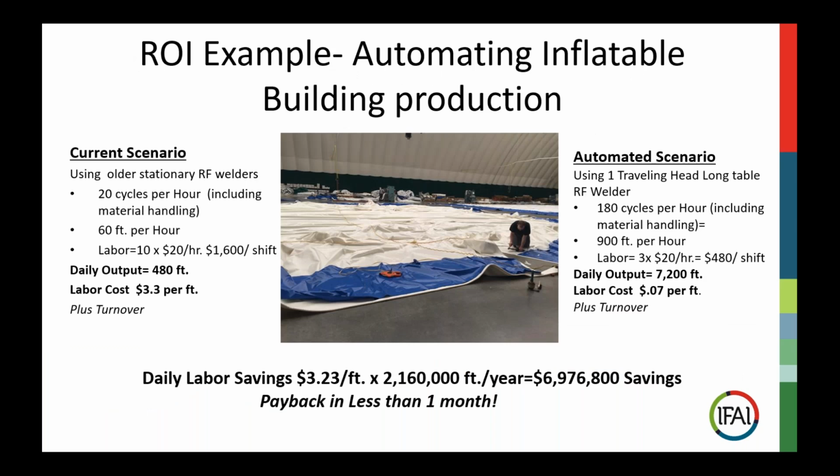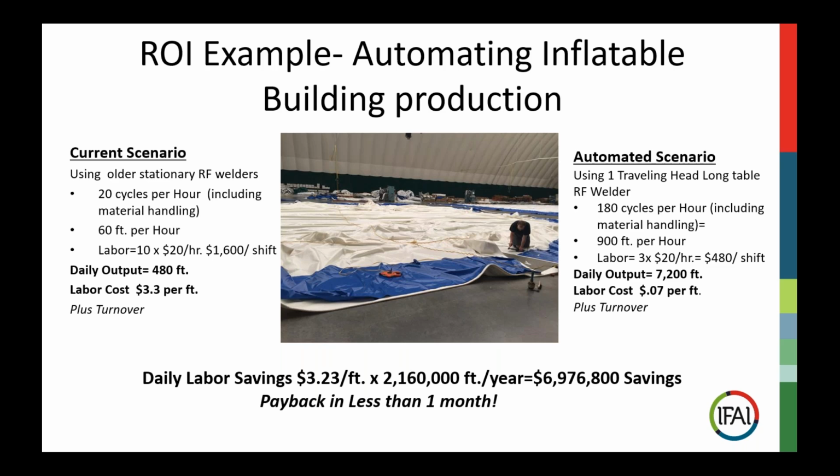And here is an actual example, albeit somewhat of an extreme example because we're talking about an automated building production process. You've probably seen the large structures that are air inflated. In a current scenario, they're using older RF welders and about 10 operators, 2 per machine, but they're only achieving 20 cycles per hour.